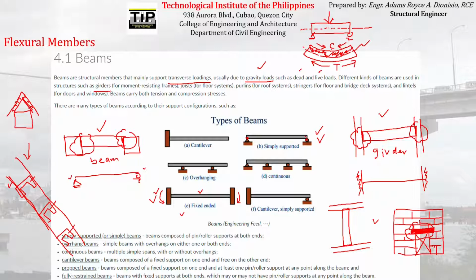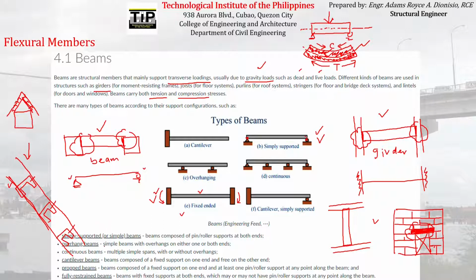Parang nako-compress yung mga fibers diyan, like this, yung tinuturo ko dito. And then yung ilalim, it can experience tension naman. So, parang nahahatak yung mga fibers niya diyan. So, therefore, ang beam, hindi lang siya nakaka-experience ng tension lang, just like sa tension members, or compression lang, just like sa compression members, but a combination of both. Okay? Combination ng tension and compressive stresses.